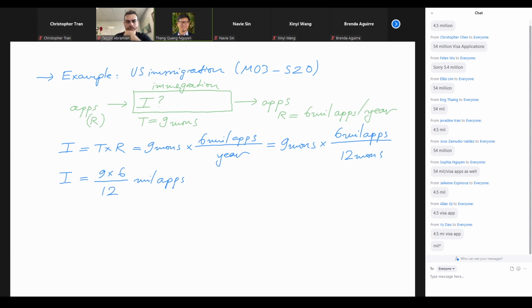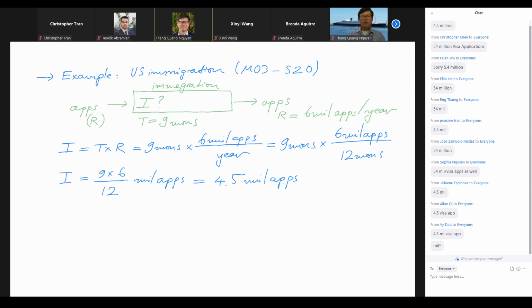That's fine. Mathematically, that's correct. All right, but right now just call it 9 times 6 divided by 12 million applications. Let's simplify this a little bit more. 6 divided by 12 is 1 divided by 2. And then you have 9 divided by 2, right? Then we have 4.5 million applications.